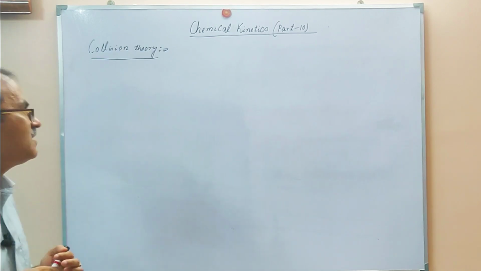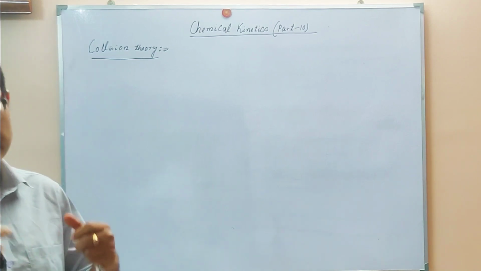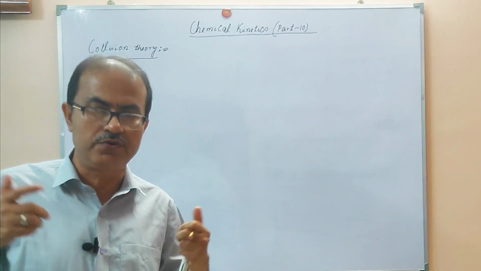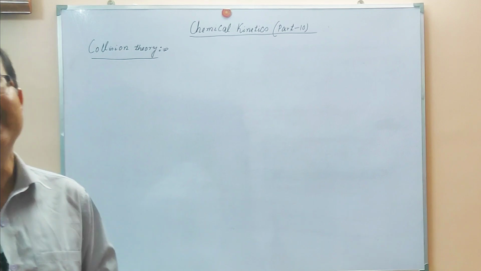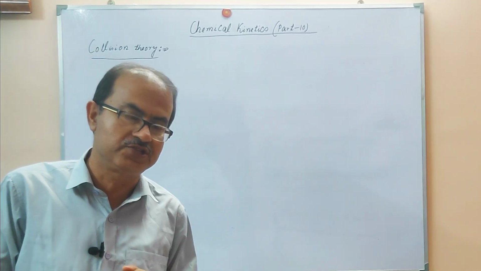Okay. Now we go to a very important thing, that is the collision theory. So now we are going to discuss the collision theory. The Arrhenius equation is a very good concept and gives a good equation that is applicable to a wide range of circumstances.